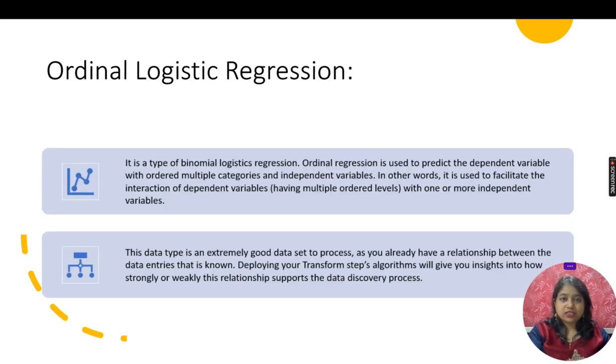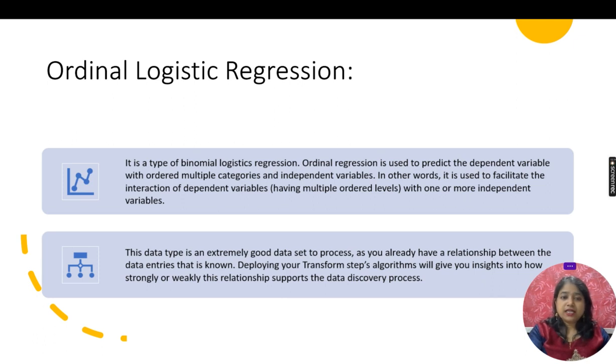Now, ordinal logistic regression, it is a type of binomial logistic regression. Ordinal logistic regression is used to predict a dependent variable with ordered multiple categories and independent variables. In other words, it can be used to model the relationship between a dependent variable having multiple ordered levels and one or more independent variables.